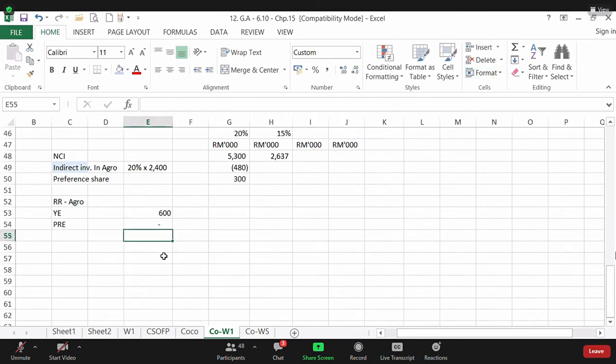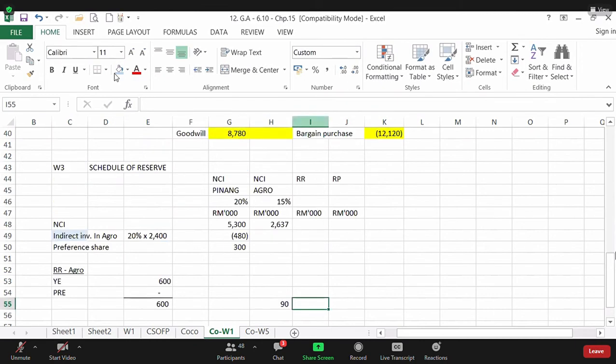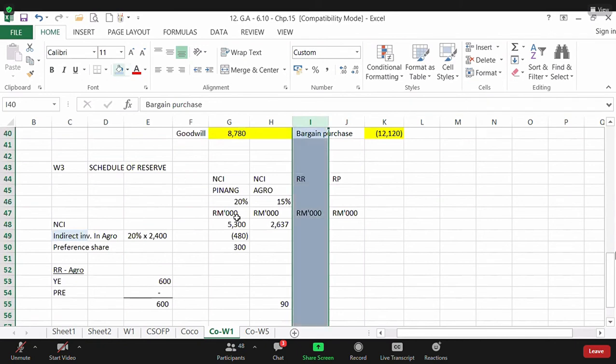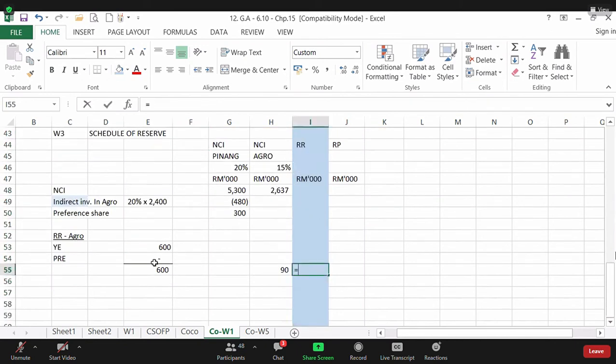So total up. And besides, we don't have any fair value changes during the current period, so it will not affect the RR. So you get 600. This 600 is for Agro, times 15%. So it goes to the RR column. RR column is this one. So how much do you get? Minus 90.